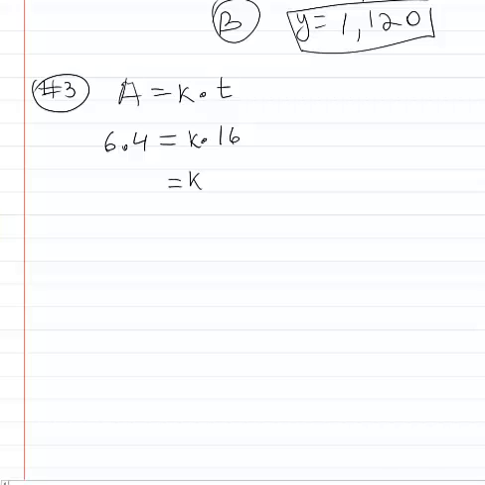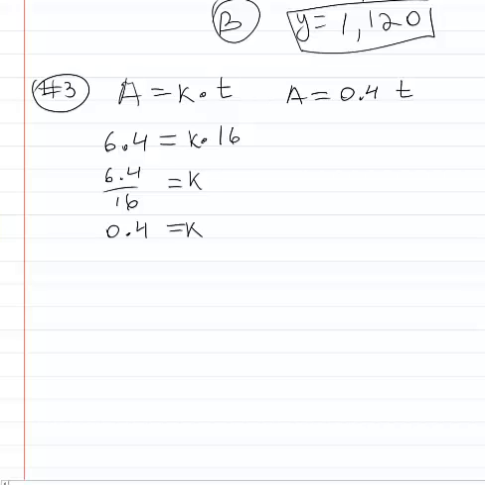We're going to divide both sides by 16. 6.4 divided by 16 gives us 0.4. So that means our equation for this variation is A equals 0.4 times t.